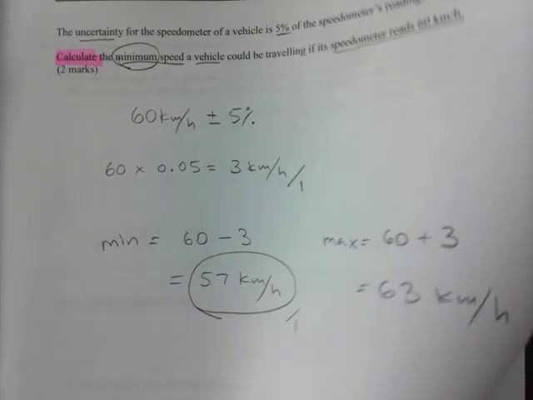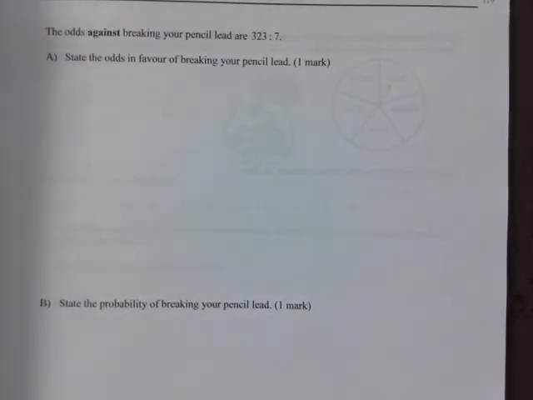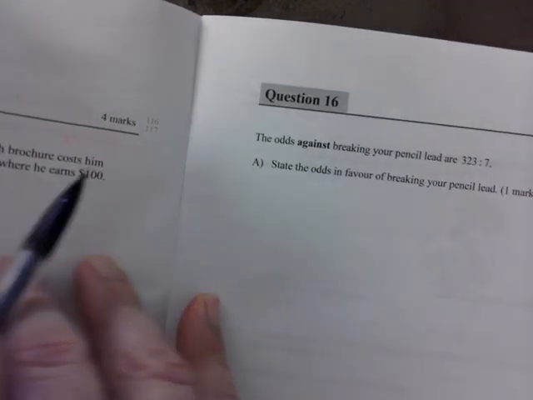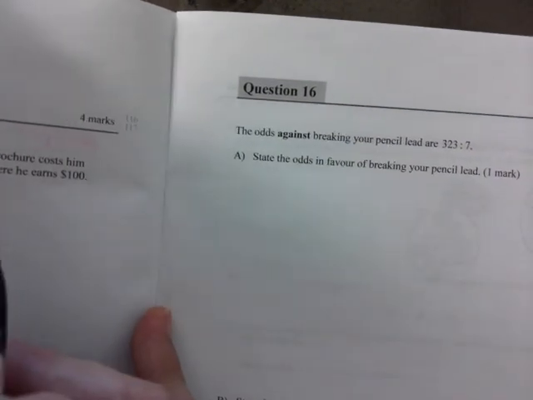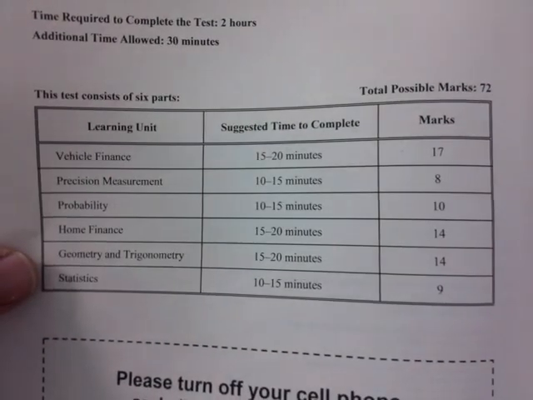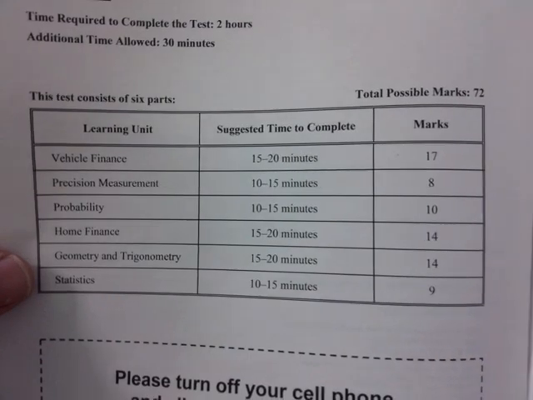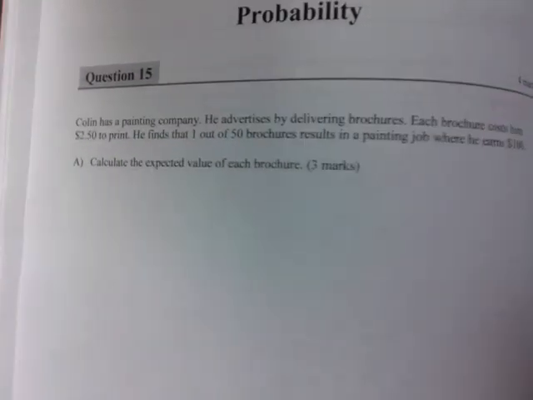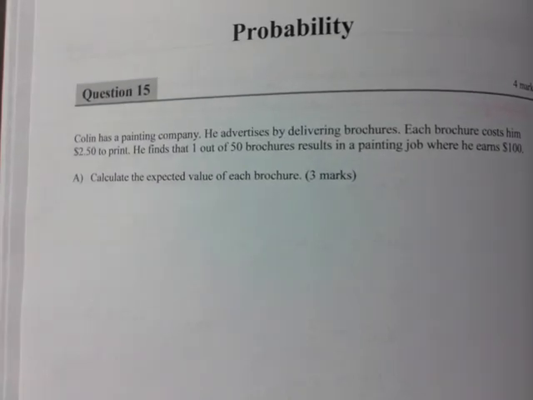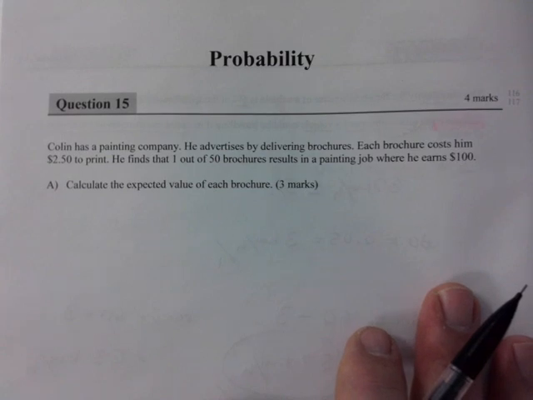Good. Next one. Oh, now it's probability. What is the timeline the province has set for us on that? Oh, 10 to 15 minutes as well. That's what they recommend. I probably will go more like 10 minutes because I know you're pretty bright. Here's another expected value.